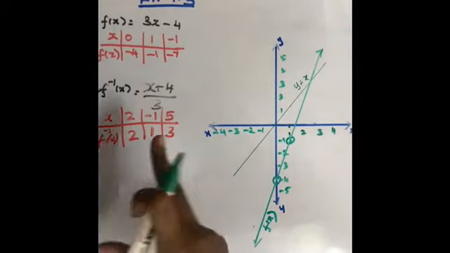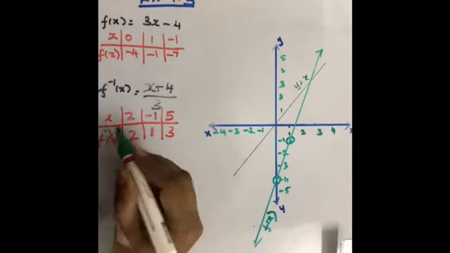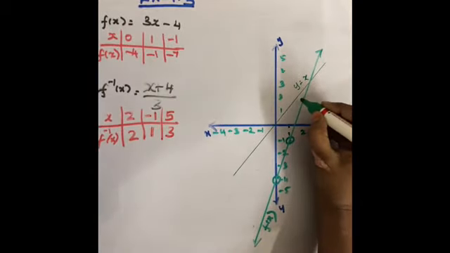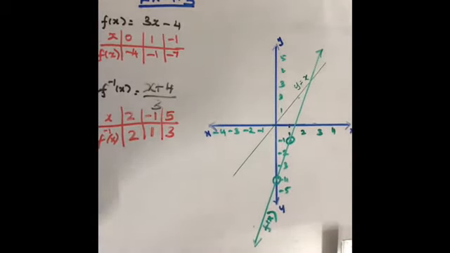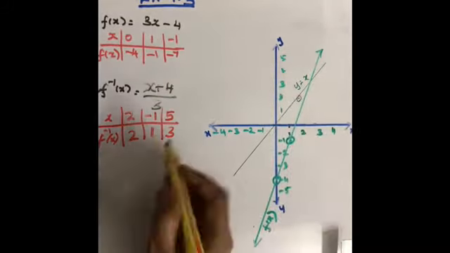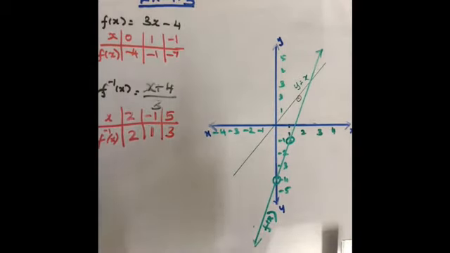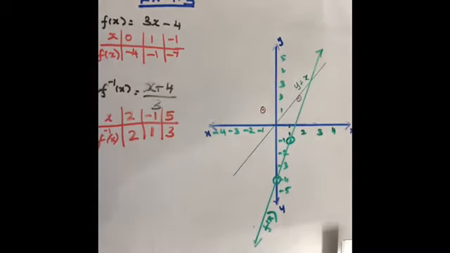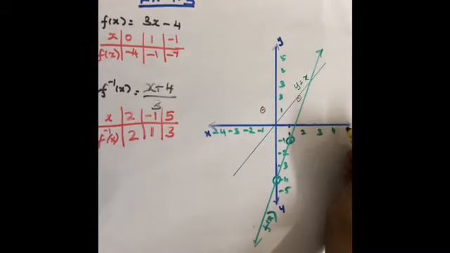And now, we have to draw the line for this function. So, it is 2 comma 2, and then minus 1 comma 1, x is minus 1 and y is 1. Okay. 5 comma 3. So, x is 5, y is 3.